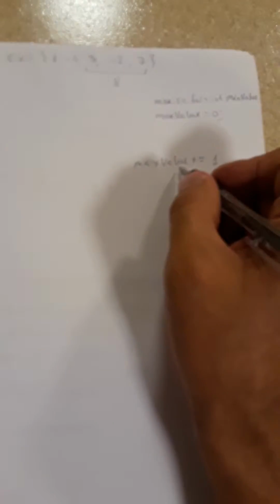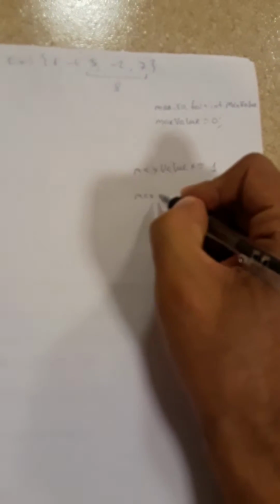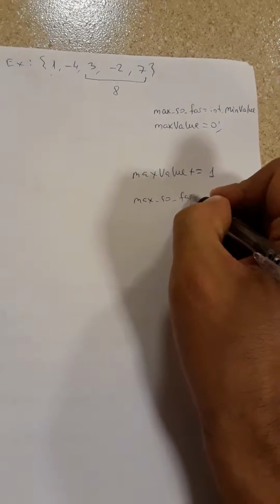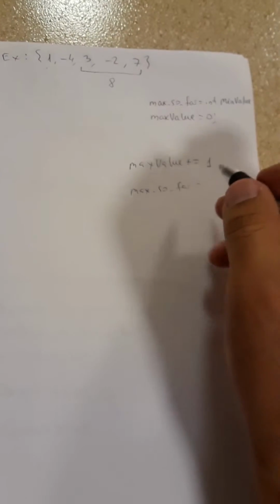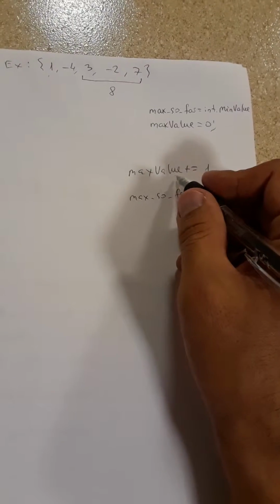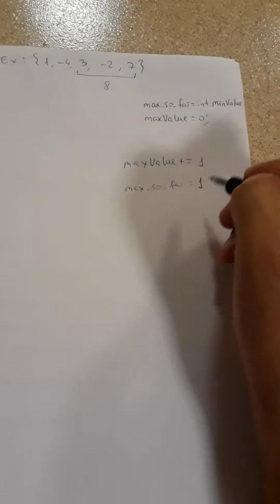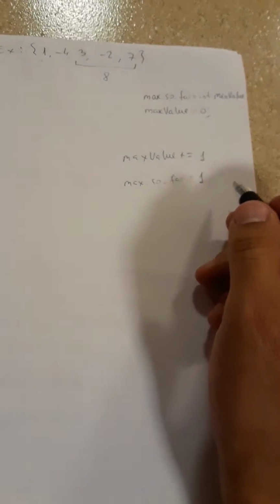After that, we will check if our max value is greater than the max so far variable. If it is, we will redefine our max so far with the greater value from the max value variable. In this case, our max value is greater than the minimum value, so our max so far also will be equal to 1.